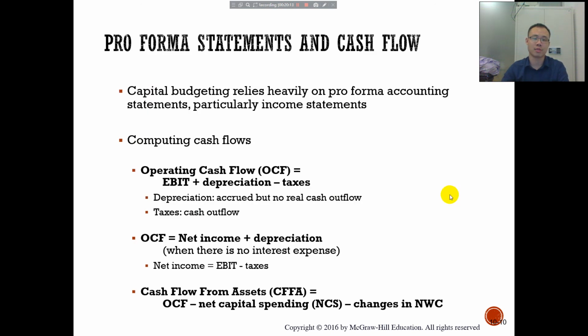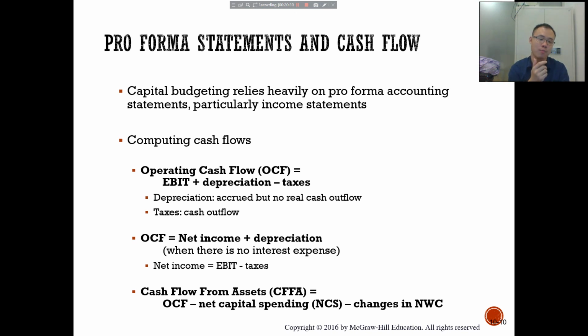And let's go to the formulas. Pro forma statements and cash flow. Capital budgeting relies heavily on pro forma accounting statements, particularly income statements, computing cash flows. The OCF, operating cash flow, equals EBIT plus depreciation minus taxes, and it also equals net income plus depreciation. This is what we just talked about. The most important one, the final one, well, all of them are important.